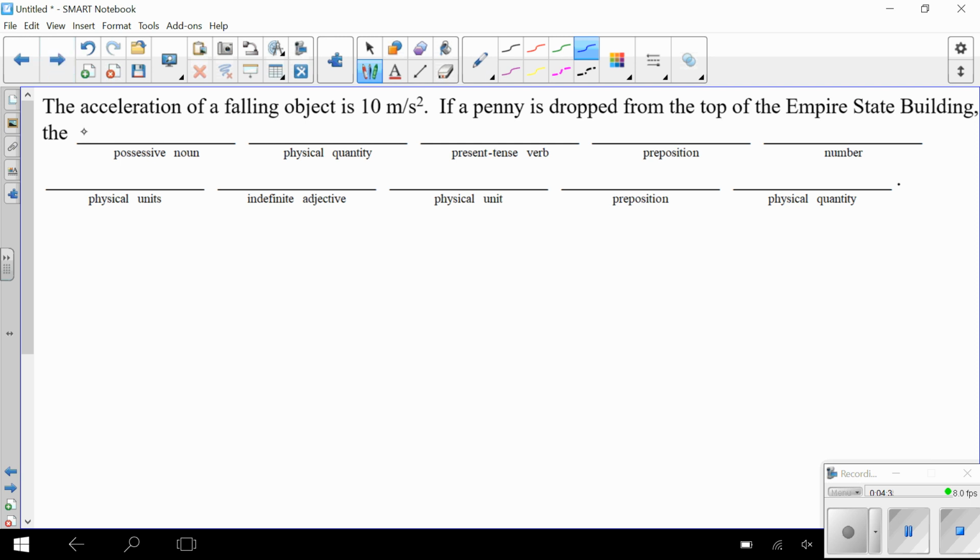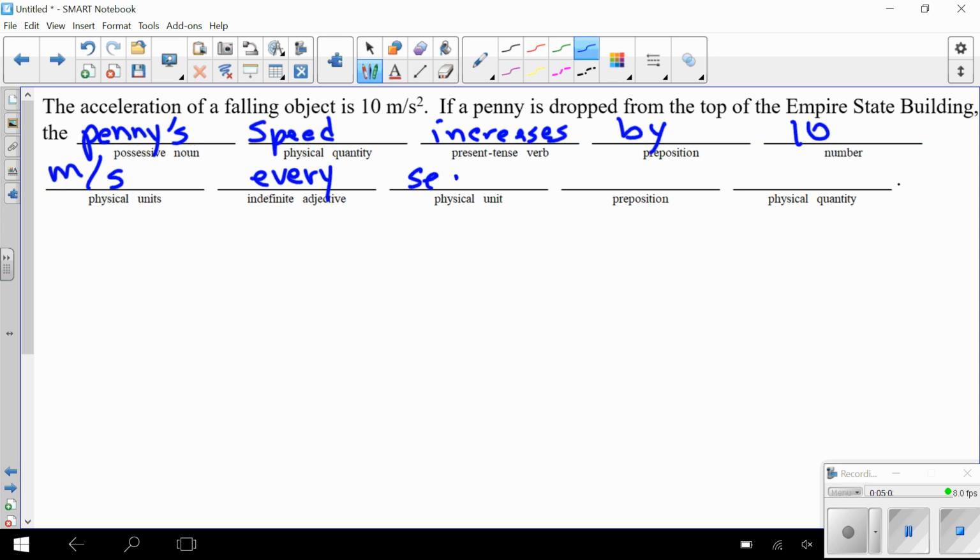The penny's speed increases by 10 meters per second every second of time. And so every second that goes by, the speed increases by 10 meters per second.